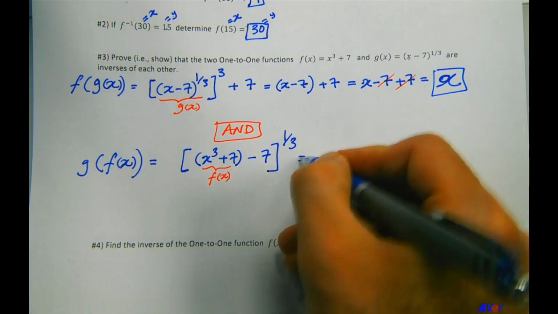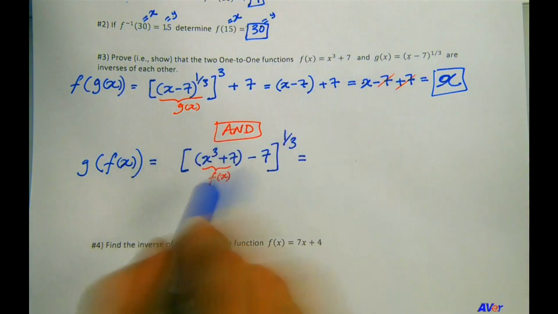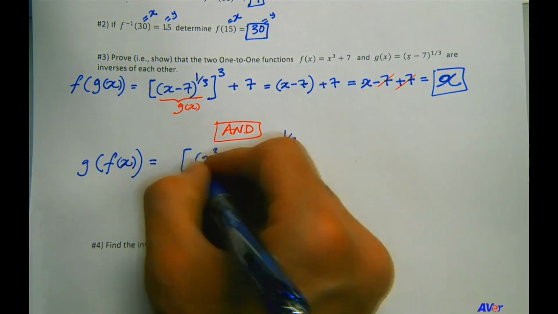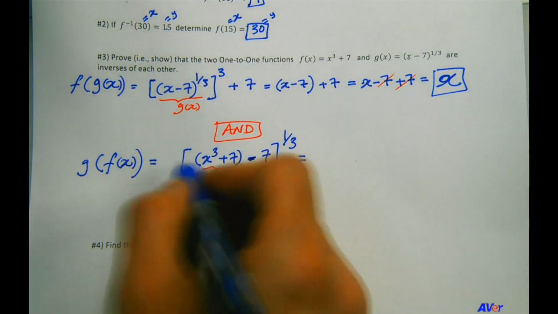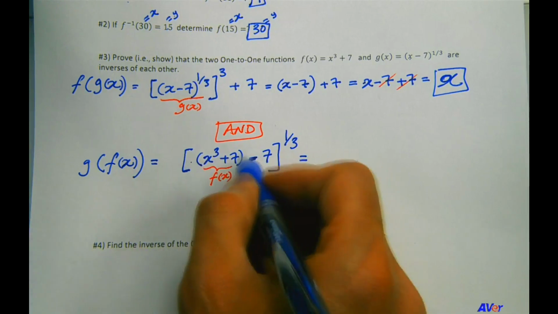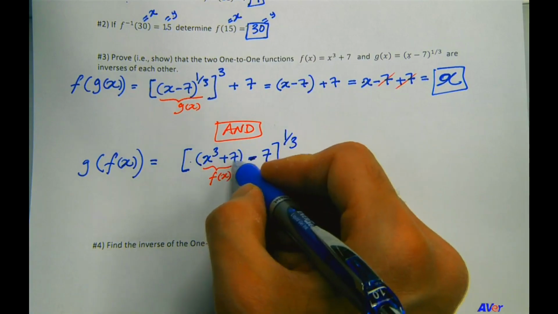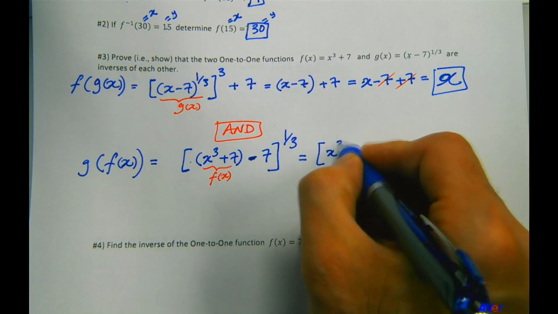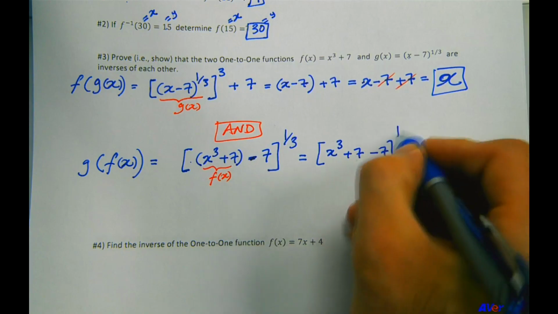It's tedious work. We have to be careful that our substitution is correct. Now, this minus comes after the parentheses, not in the front, so we don't have to distribute this negative into it. So I can easily remove this parenthesis. So we have the bracket x cubed plus 7 minus 7 with the 1/3 on the outside.